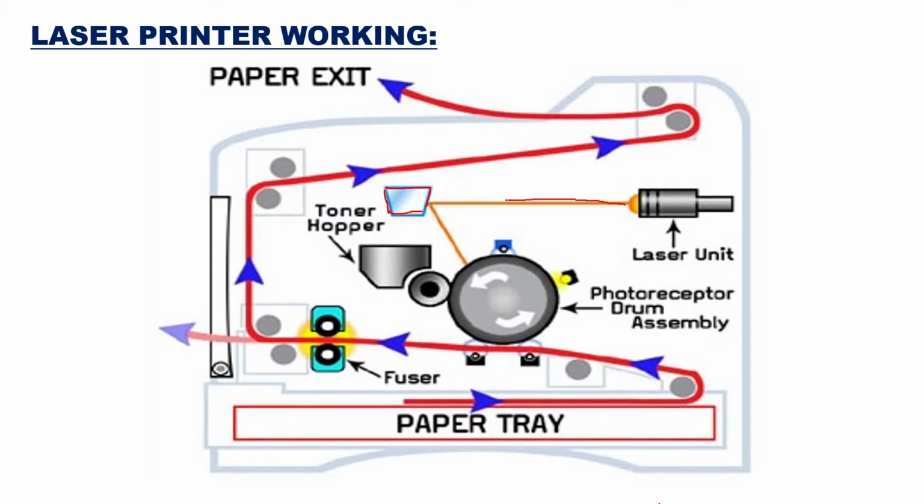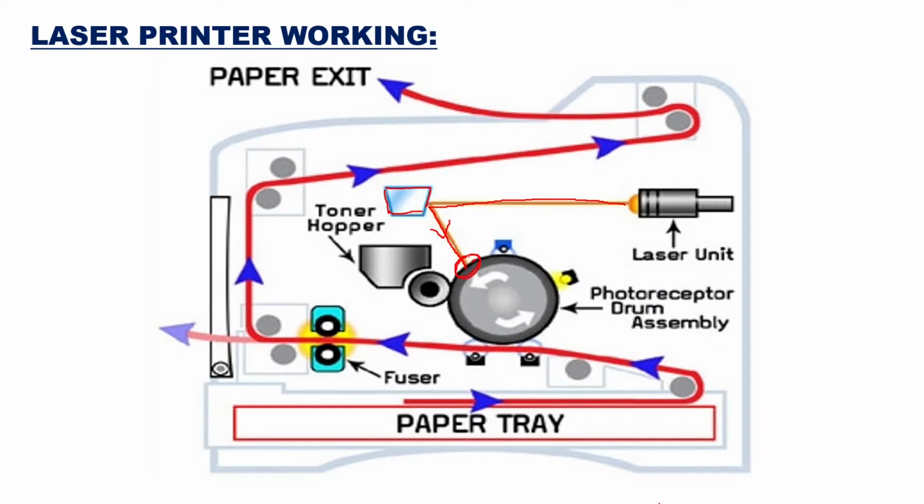Here you can see a light going, and that light will be reflected. If the image is white, the light reflected will be more. If the image is dark, the light reflected will be less. That light which reflects on the drum will make an electrical shadow of the same image.